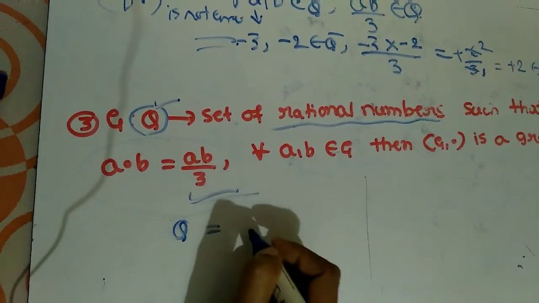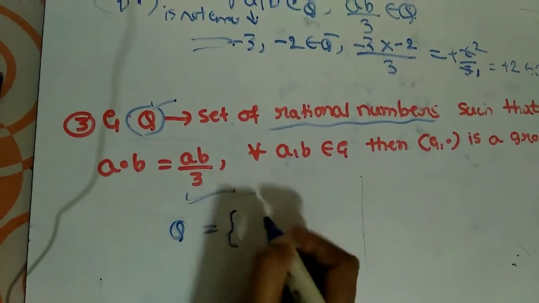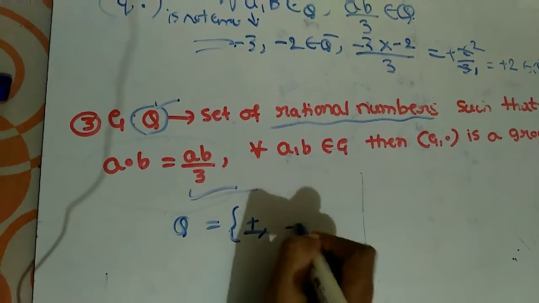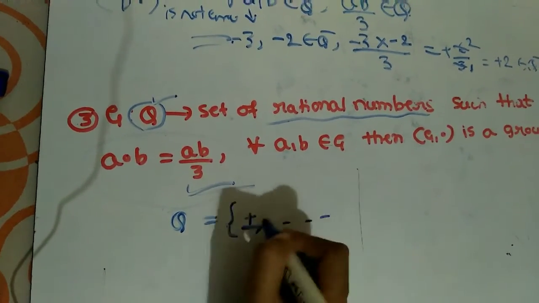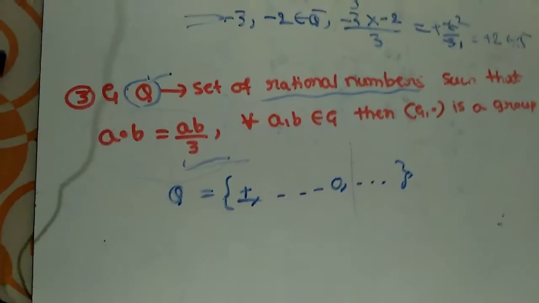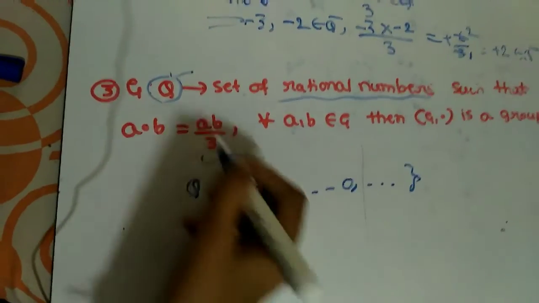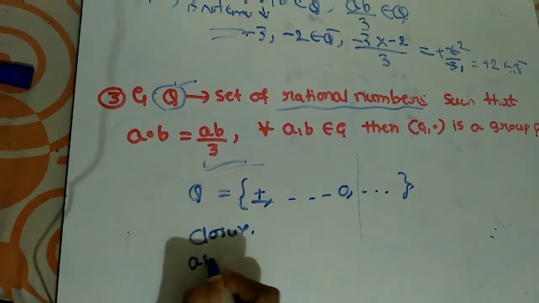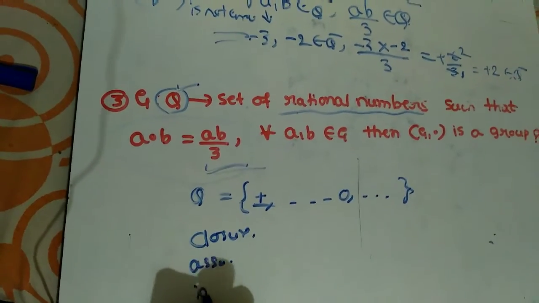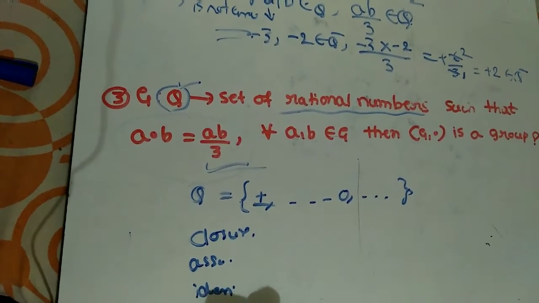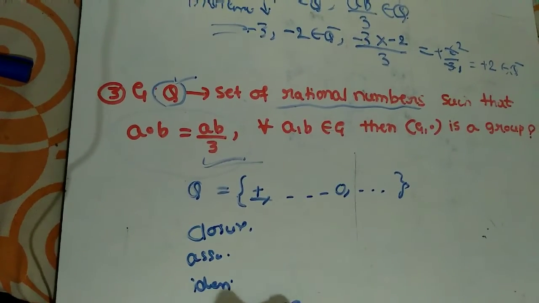The set of rational numbers means some numbers are plus and some are minus, and zero is also there, and so on. But just look here, guys. Here closure law is satisfied, associative law is satisfied, and identity is also satisfied, but it fails in the inverse law.